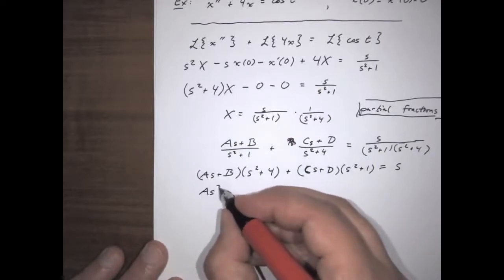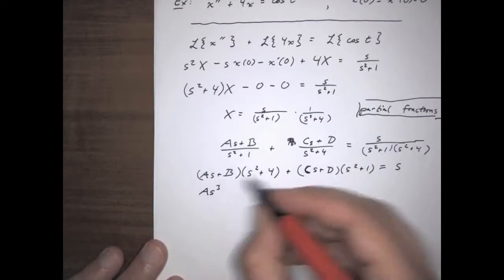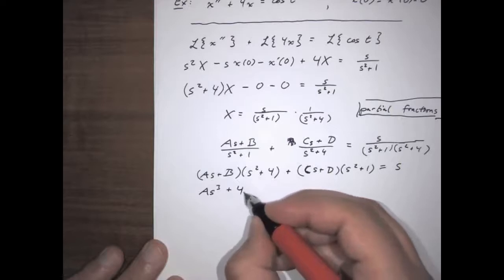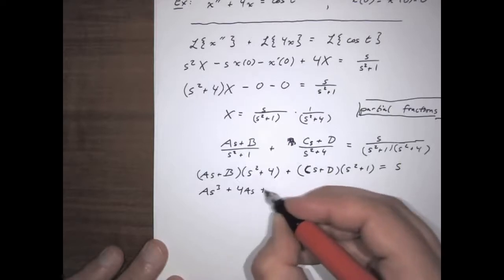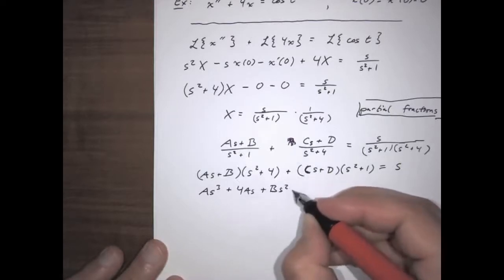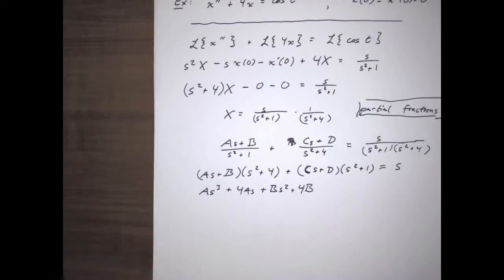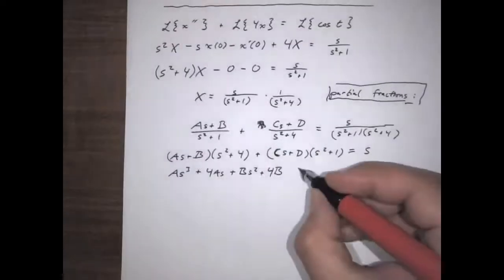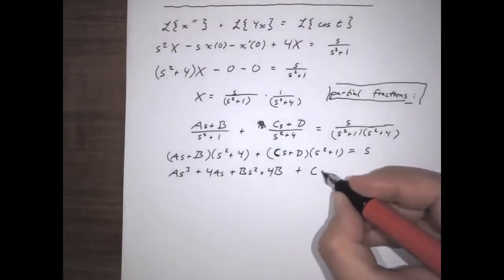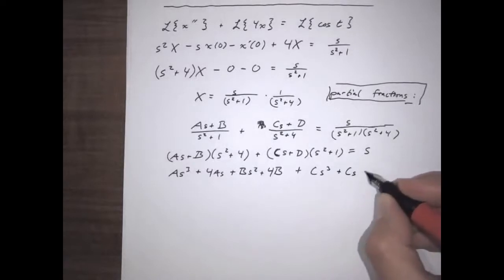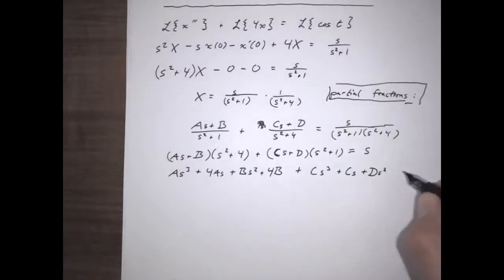But let's just see what this is going to look like. So as cubed, and then over here plus 4as plus bs squared plus 4b plus cs cubed plus cs plus ds squared plus d is equal to just s.